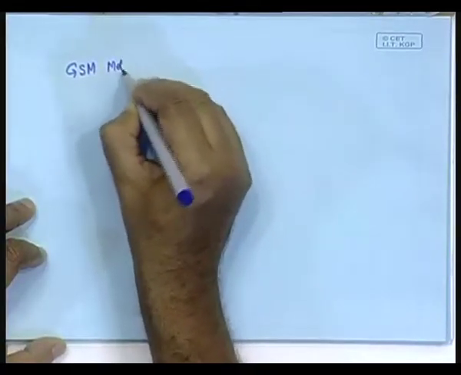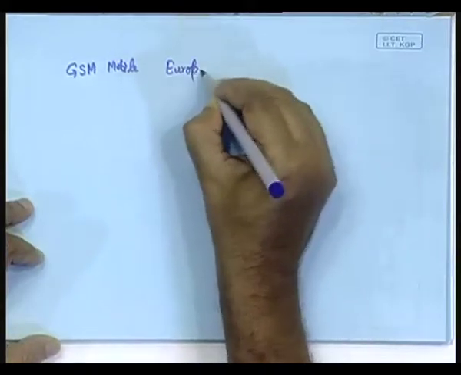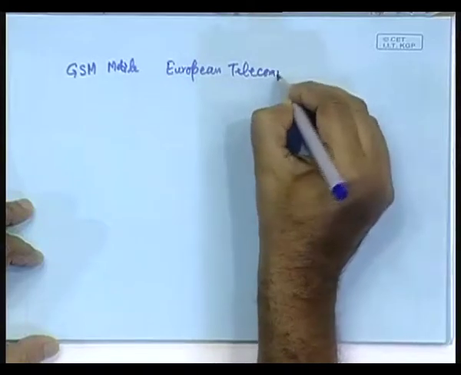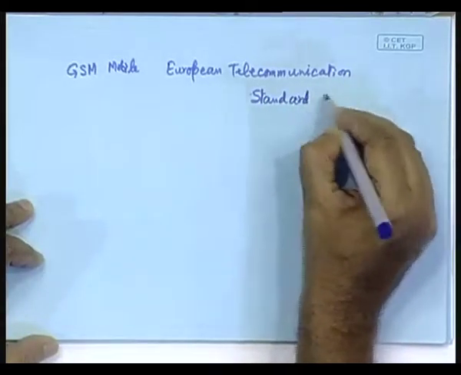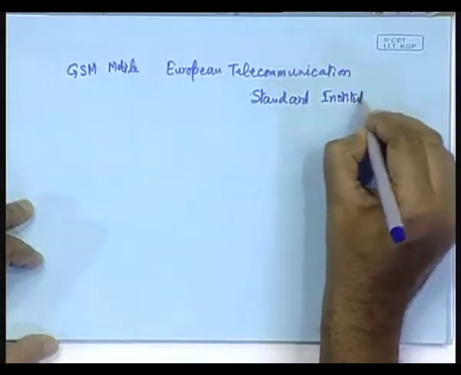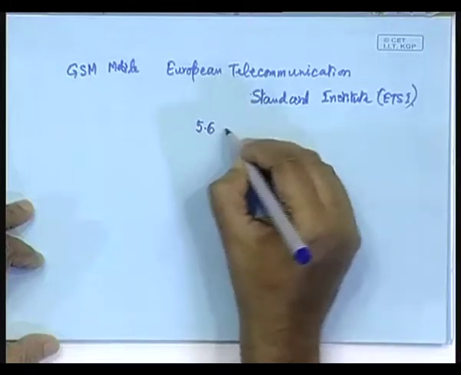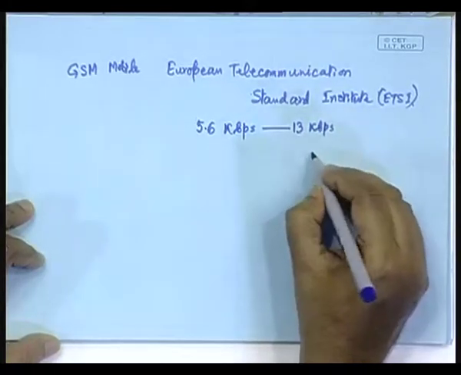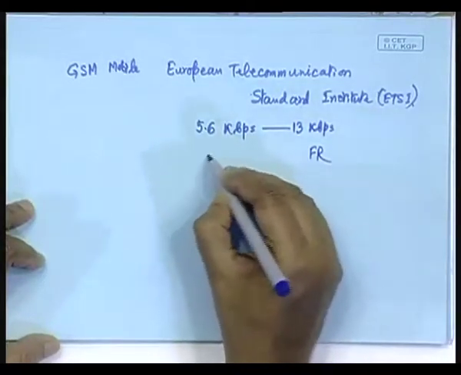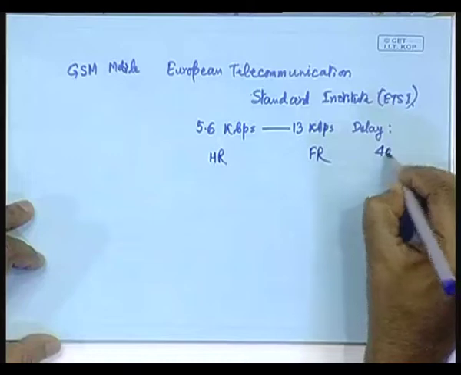For GSM, the standard adopted by the European Telecommunication Standard Institute, popularly known as ETSI, specifies a bit rate in the range of 5.6 kilobits per second to 13 kilobits per second. 13 kilobits per second is what you get at full rate, and 5.6 kilobits per second at half rate, and there the delay is of the order of 40 milliseconds.